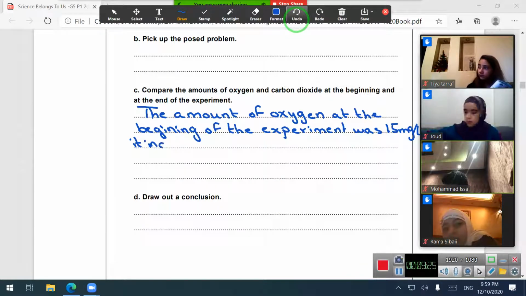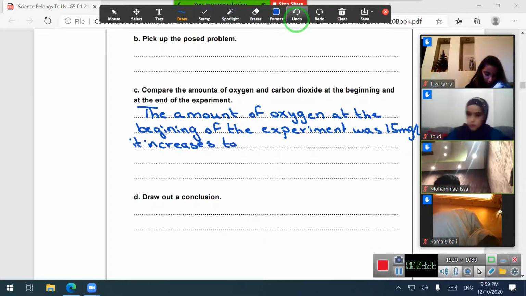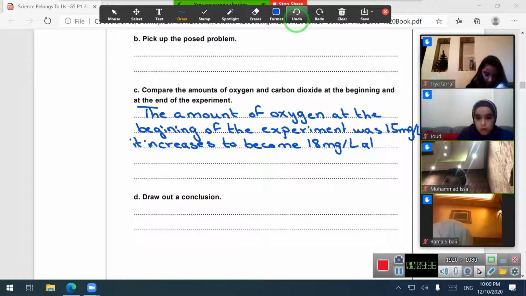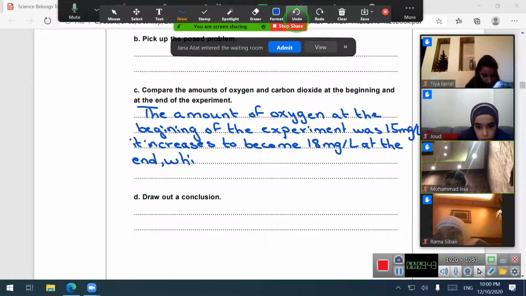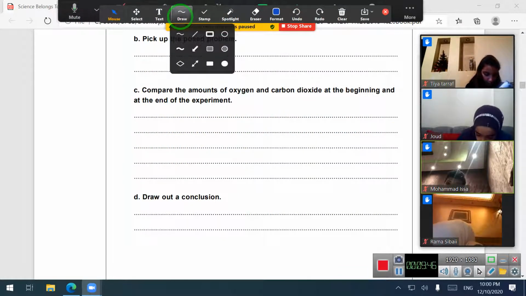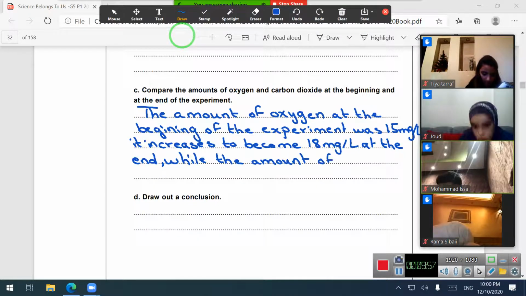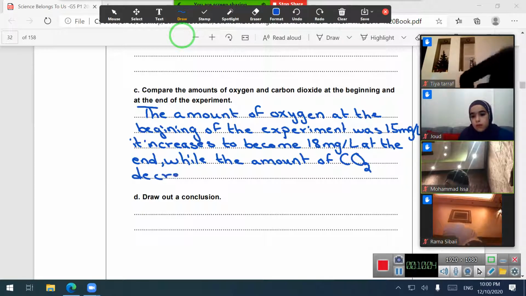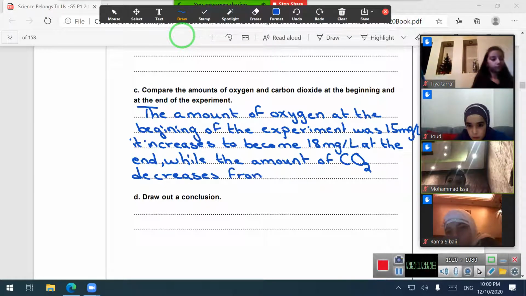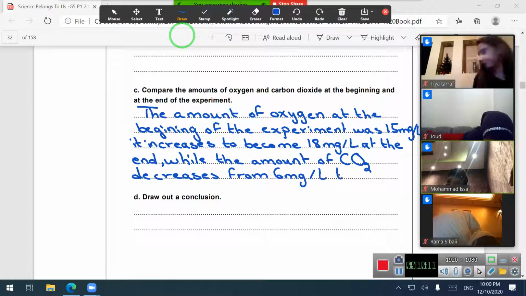It increases to become 18 milligram per liter at the end of the experiment, while the amount of carbon dioxide, or CO2, decreases from 6 milligram per liter to 5 milligram per liter.